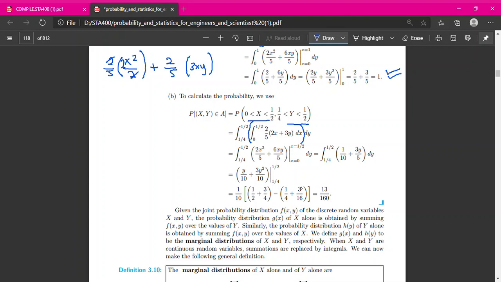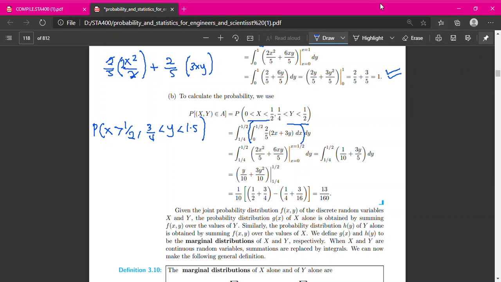Okay, contohnya lagi, kalau soalan nak you dapatkan probability of x, contohnya more than half and y between 3 over 4 until 1.5 contohnya.